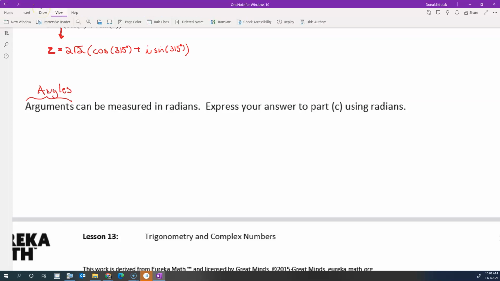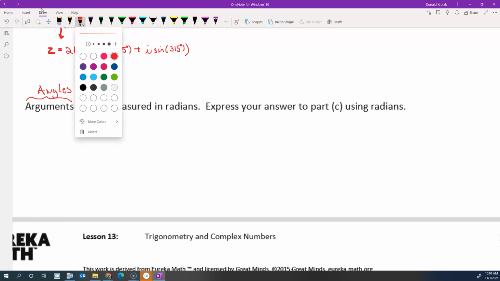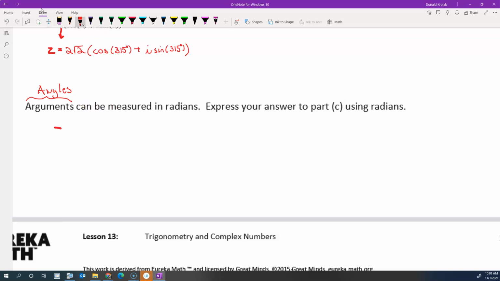So if we took this and converted it into radians, it would just be 7 pi over 4, which is 315 in radians.